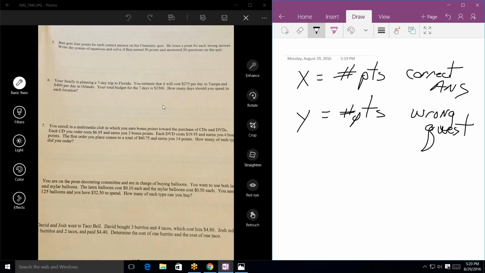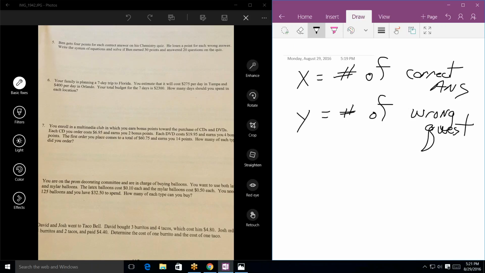If he earns 4 points for each correct answer, and this is, I wrote it wrong. It's not the number of points for the correct answer. It's the number of correct answers. Okay, that's completely different.